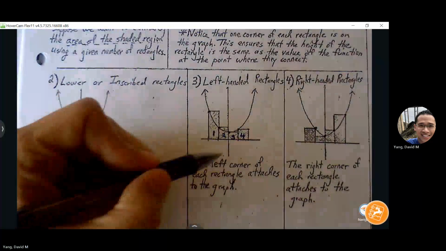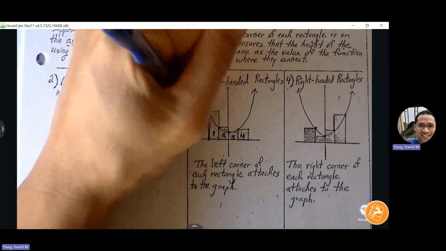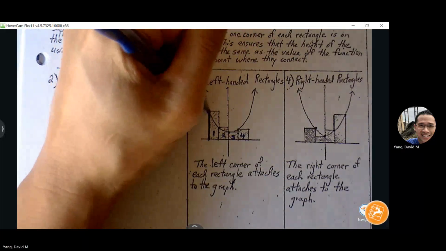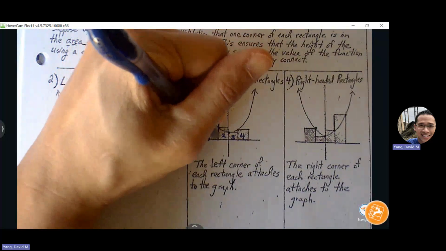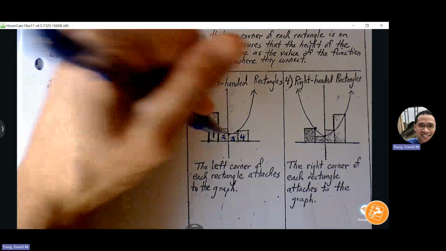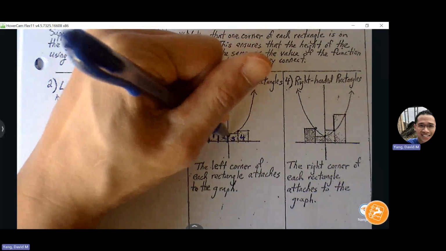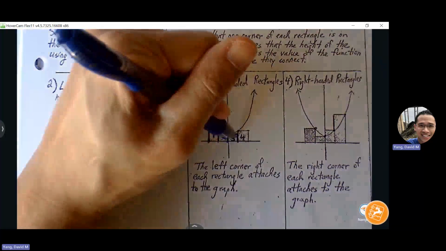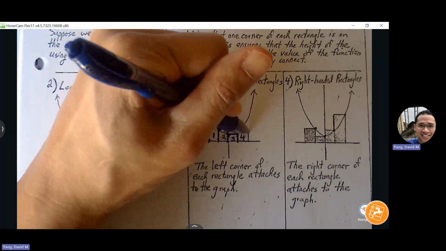We're just purposely choosing the left endpoint of each subinterval, connecting that to the curve, and forcing that to be the height of that first rectangle. Second rectangle, you want to choose the upper left corner. Third rectangle, choose the upper left corner, and then fourth region, choose the upper left corner.